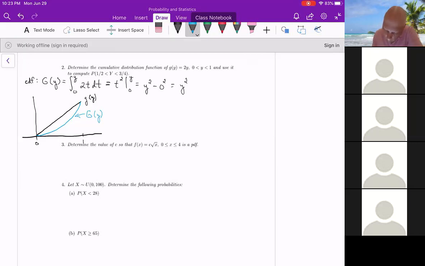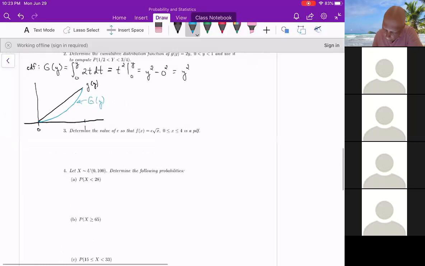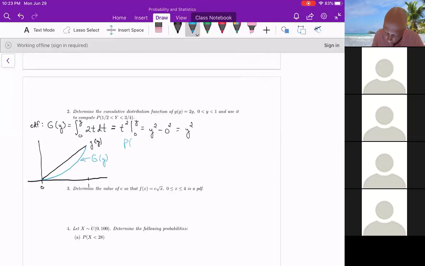Now, what I know is that this is the same as the probability that y is less than 3/4 minus the probability that y is less than 1/2.